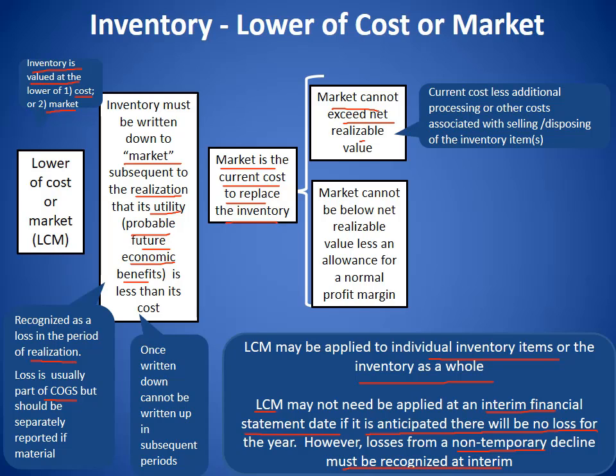That means the current cost less additional processing or other costs associated with selling or disposing of the inventory item or items. Market cannot be below net realizable value less an allowance for a normal profit margin. You've probably learned this in your intermediate accounting course, but it's a good review.